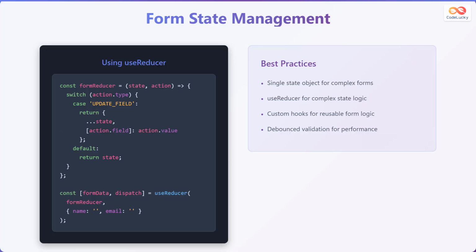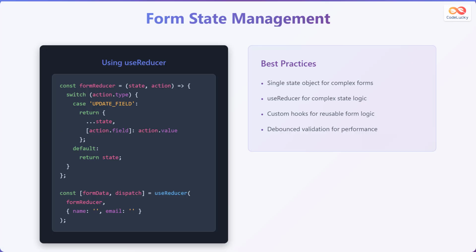We use a switch statement to handle different action types. In this case, we have an UPDATE_FIELD action that updates a specific field in the state with the new value. We use the useReducer hook to create a formData state variable and a dispatch function. We pass the formReducer function and an initial state object to useReducer.